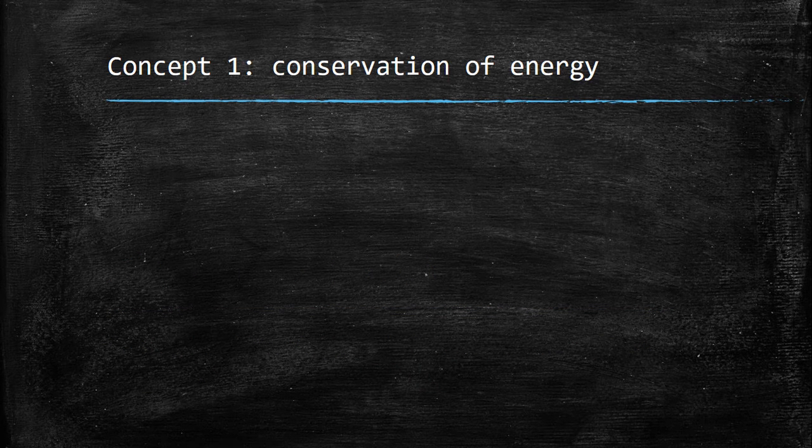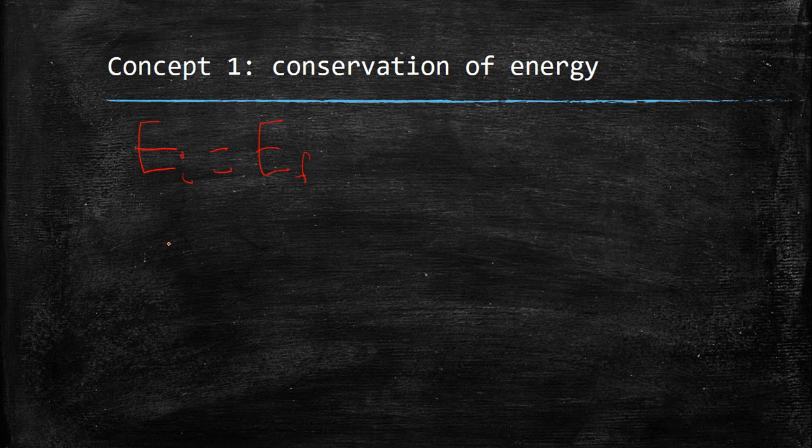For this sort of problem, we're going to need to know a few concepts. The first concept is conservation of energy, and this concept states that in a system, the amount of energy is always constant, so the energy initial equals energy final.